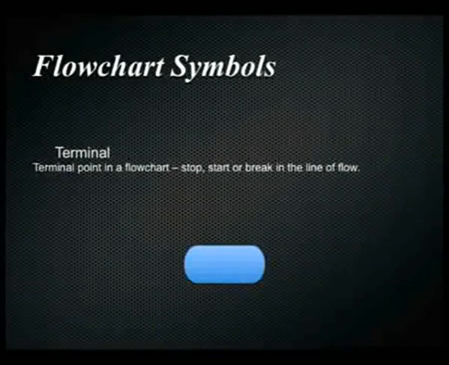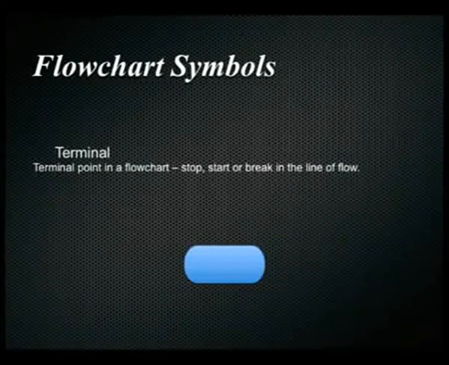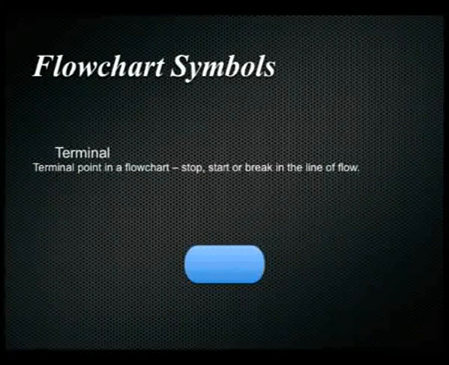Terminal blocks are very important when it comes to flowcharts because we'd like to know where our flowchart starts and of course where our flowchart ends. A program generally starts in a predefined place and usually ends in the same place. So our flowcharts will always have a start or begin block and an end block.